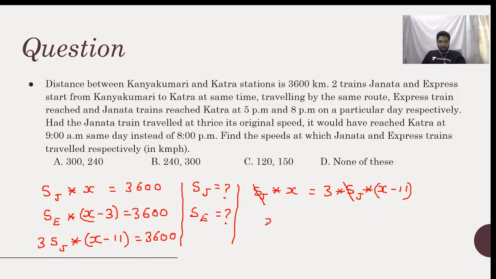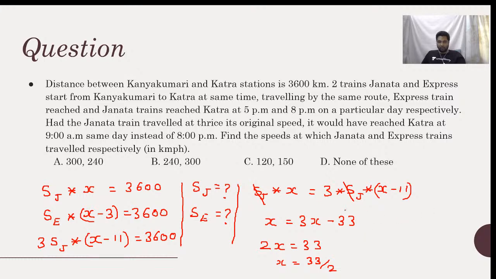So x is equal to 3x minus 33. That is, 2x is equal to 33. So x is equal to 33 by 2.